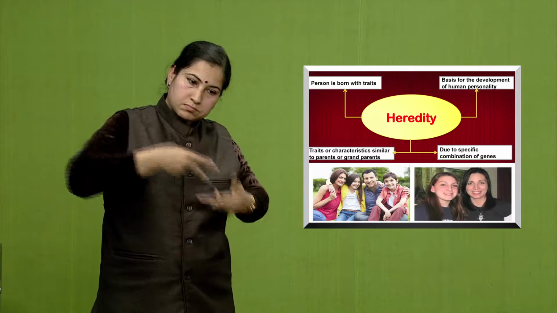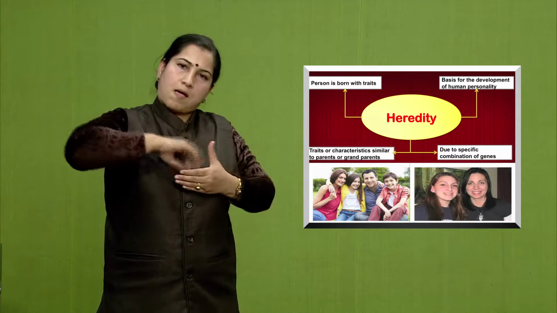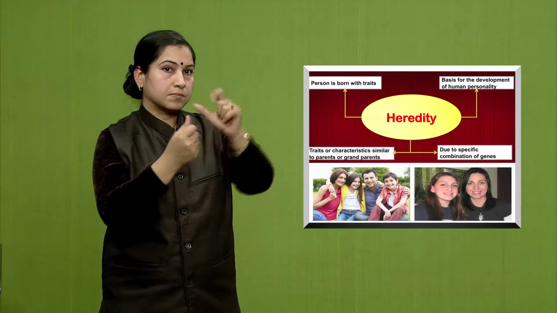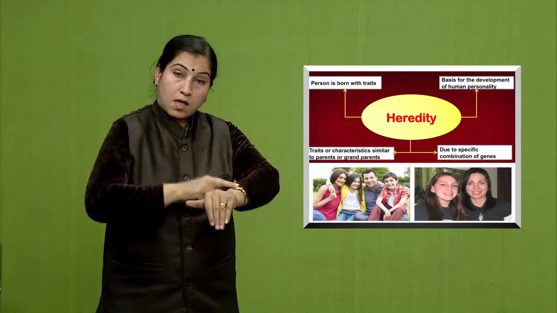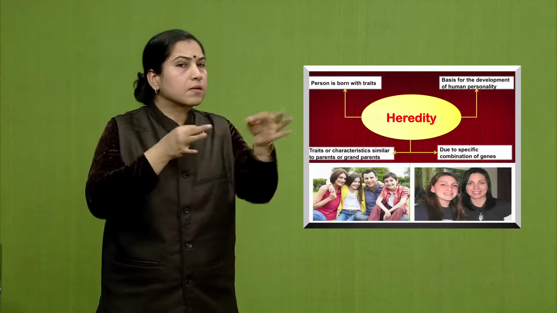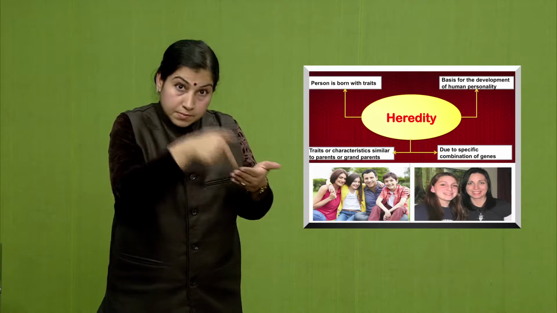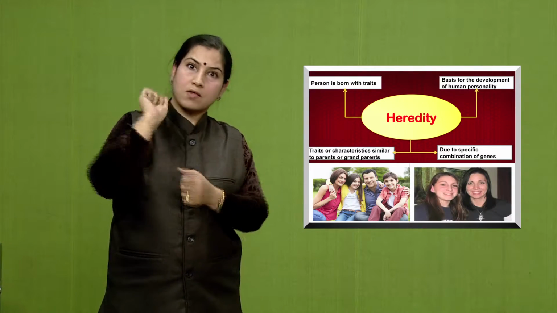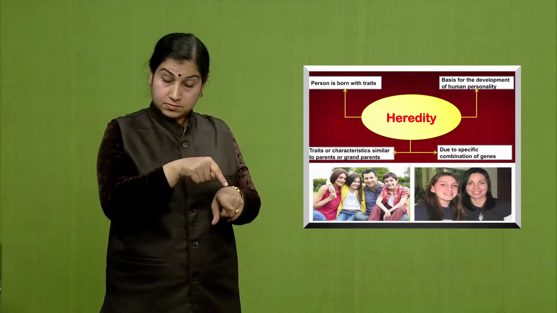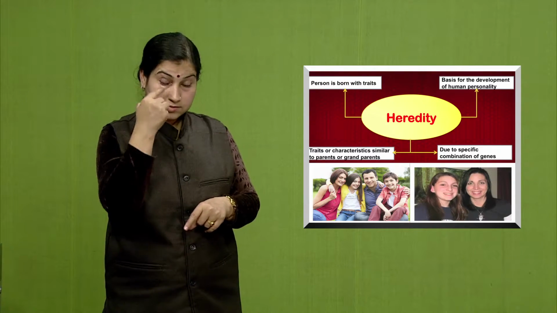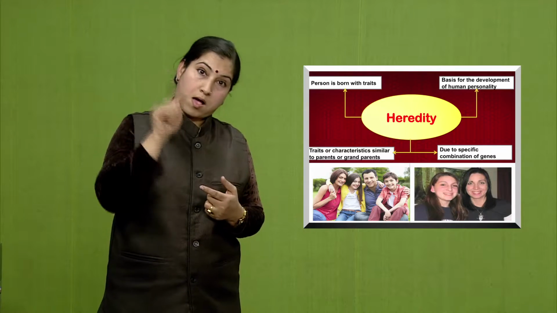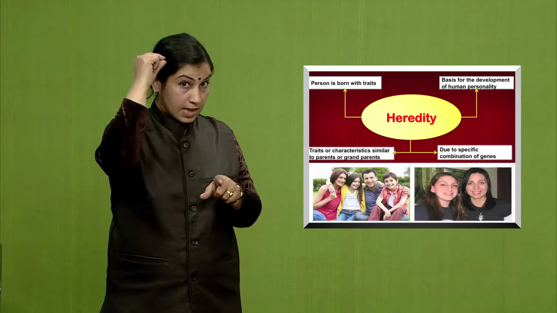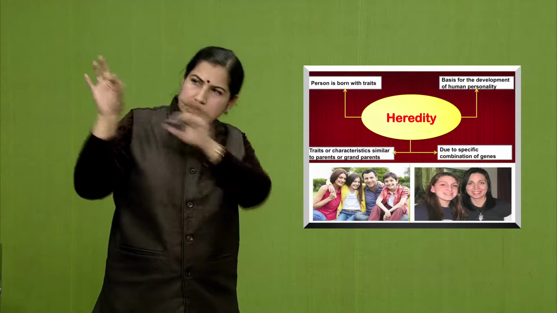Hereditary traits are innate. They are present at birth. For example, Yadvi was born with grey eyes and black hair. She inherited the color of her eyes from her mother, and her hair was like her father's.